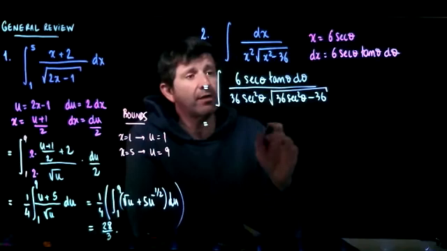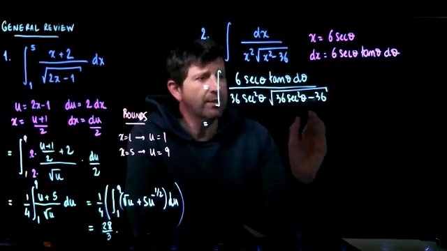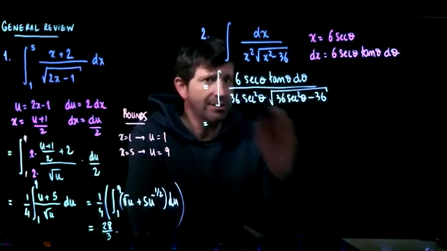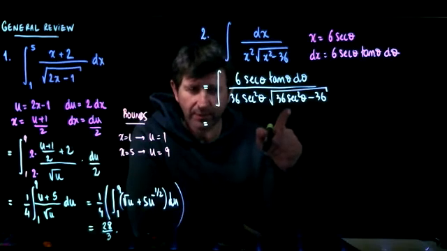So are you guys okay if I cross out right away 36 secant squared minus 36? That's equal to 6 tangent. You see it? Or should I do the steps here? Can you explain it?